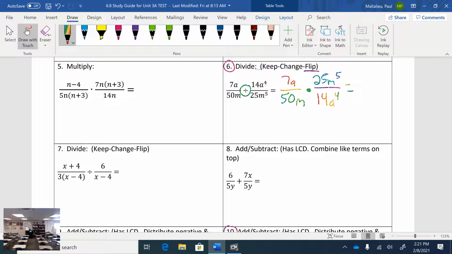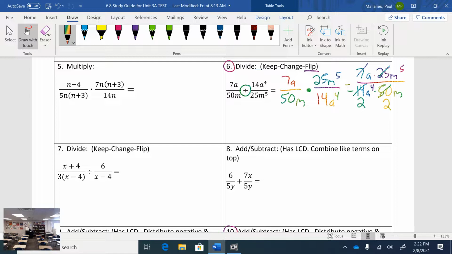So if you wanted to just carry this out to have your 7a times 25m to the 5th over, I'm going to write the 50m right here just so it's easier to see, but if you wrote it the other way, that'd be fine. So that's if you multiply straight through without simplifying anything, and then simplify at this stage. So we know 7 goes into 14 2 times. 25 goes into 50 2 times. There's one a on the top, and then there's 4 a's on the bottom.